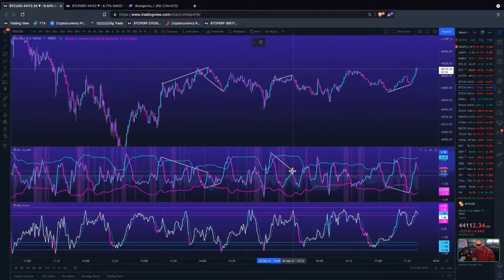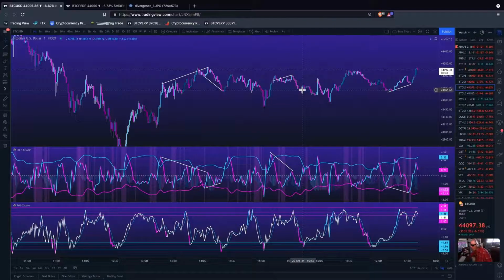Huge. There you go. Little bear div. Nice little 1 minute down move. And we're talking about, we got 44. Yeah. Talking $250 1 minute moves. Powerful. Powerful when you're 1 minute scalping.